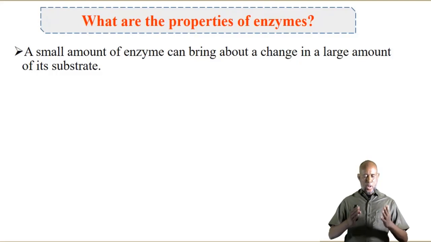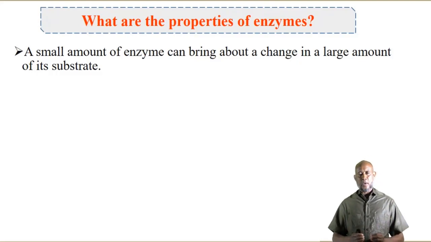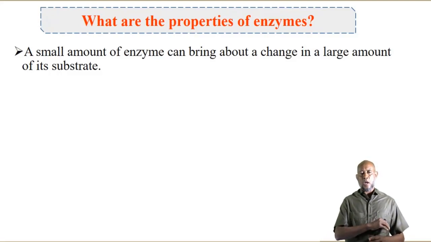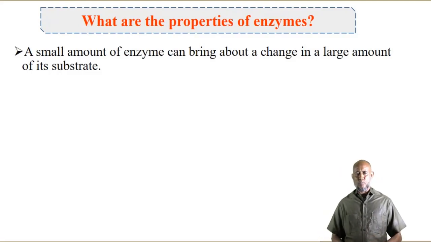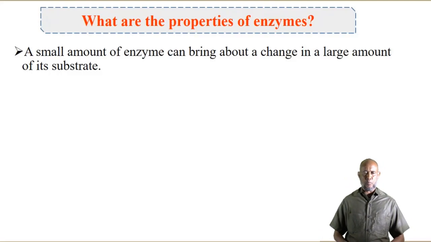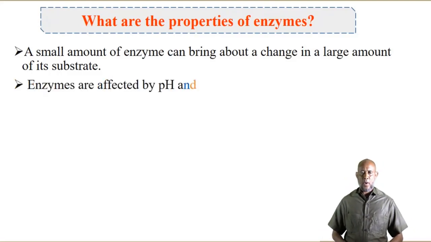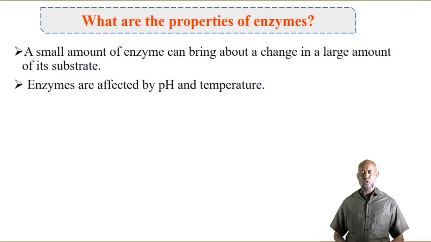That means the amount of enzyme, even if small, is able to speed up a large chemical reaction, and a large amount of product will be produced. Enzymes are very sensitive to pH and temperature. Therefore, they are affected by extreme temperature and fluctuation of the pH.